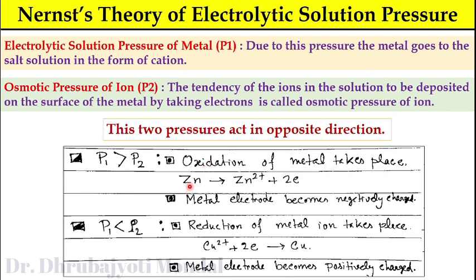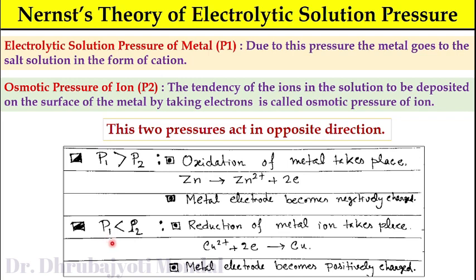That occurs for zinc: Zn converts to Zn2+ plus 2 electrons. So the metal electrode becomes negatively charged, and oxidation at the metal takes place.